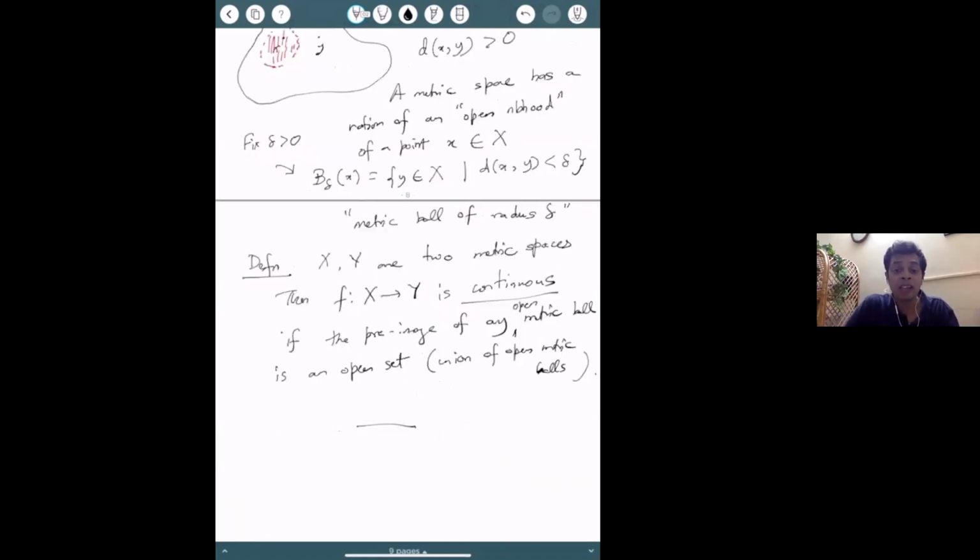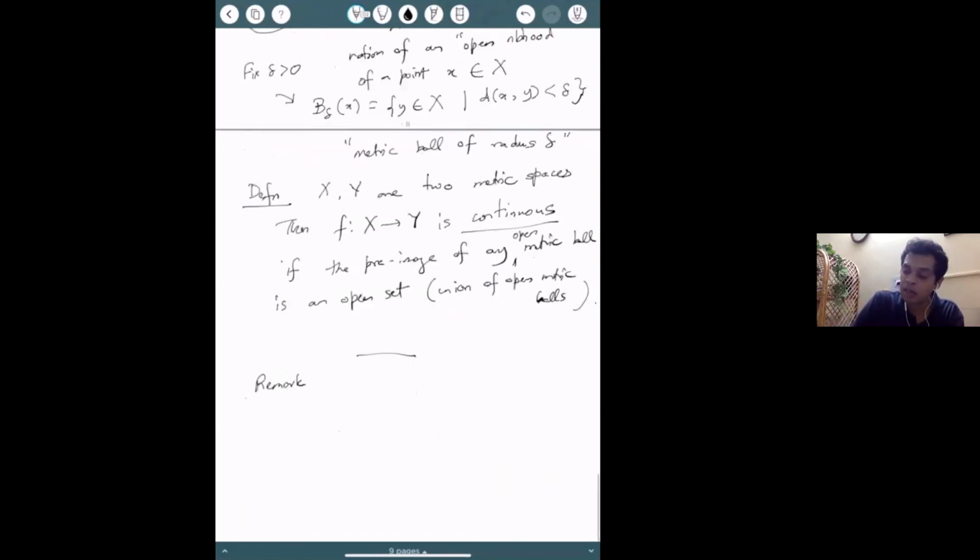And it generalizes not just to metric spaces. You can define a topology on a set. Let me just remark that it generalizes further.